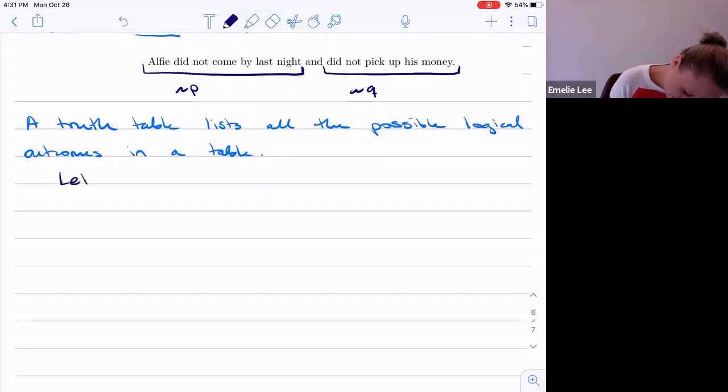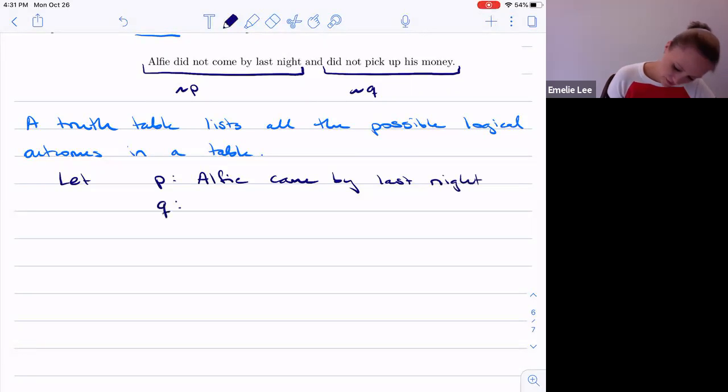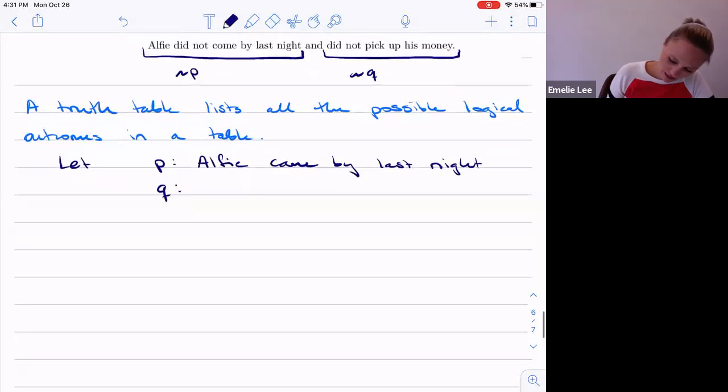So what I'm going to do is let P be Alfie came by last night, and the statement Q is going to be Alfie picked up his money.